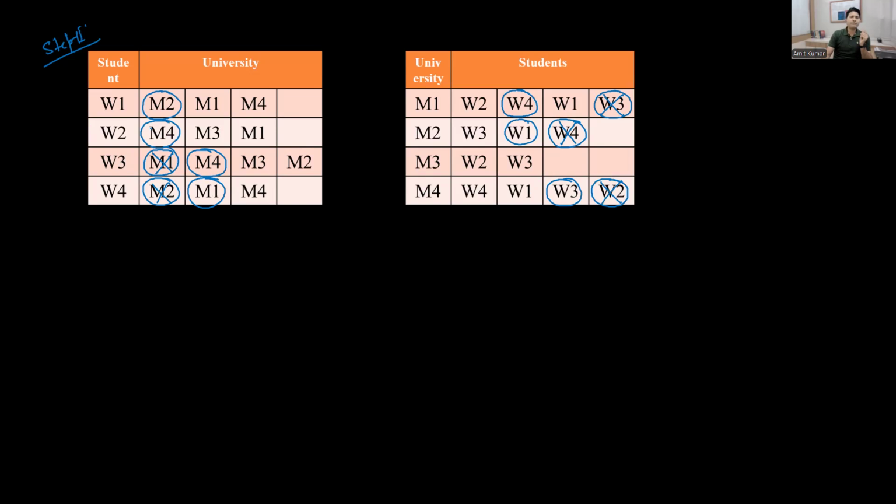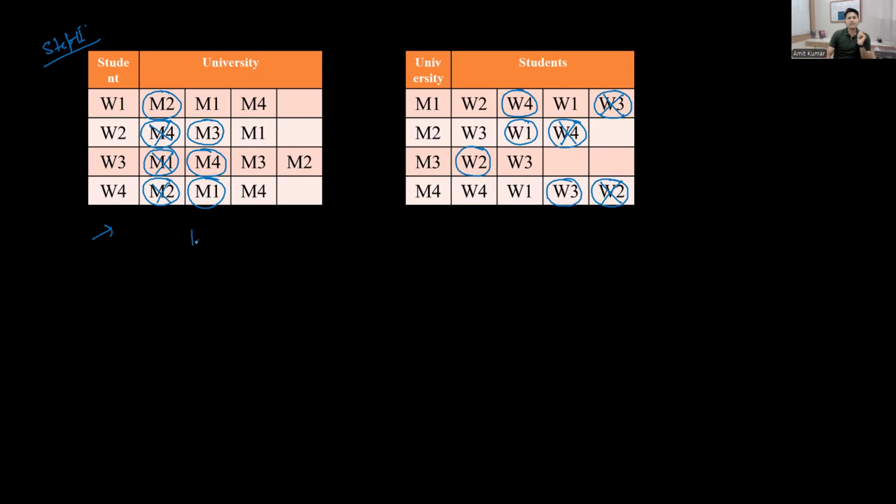So W2 M4 gets crossed. Now W2 will exercise the third option, which is M3. W2 approaches M3 and M3 accepts because it is the first offer M3 gets. So now you can see in the first table, everyone is settled down.